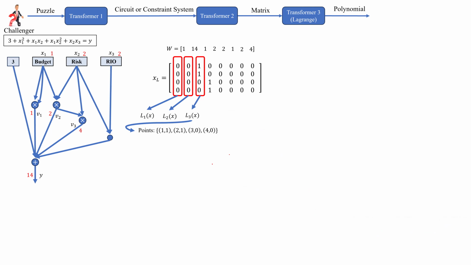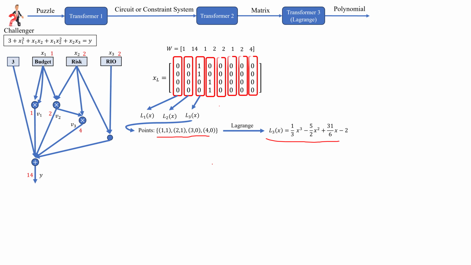If you remember, this was actually the list of points that we discussed at the beginning of this lecture. Now we use the Lagrange interpolation and we convert this list of points, or column number 3, into this polynomial. And with the same scenario, we can convert the other columns into polynomials.